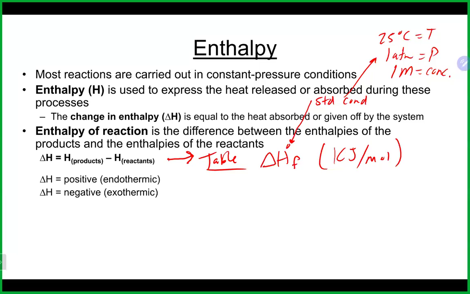So how do you do this? You basically take your products minus your reactants. Let's just say, for example, we had this equation here, 3A plus 2B goes to 4C.